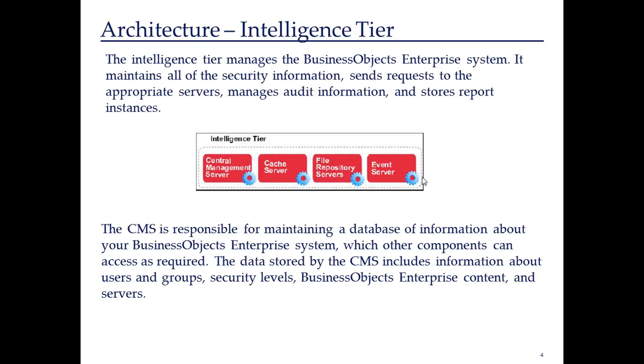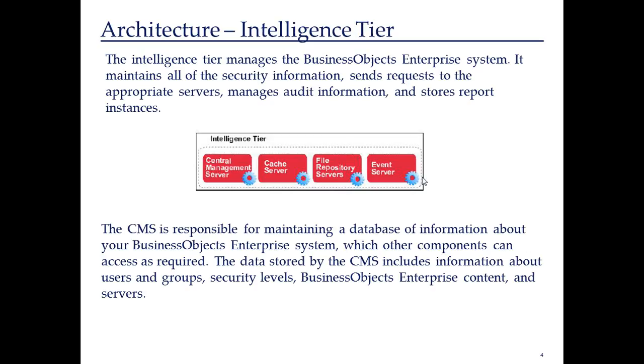And this central management server, based on the request, for example, you are running Crystal Report. So in order to run your Crystal Report, you need to send that request to the processing servers of Crystal Report related servers. If you are running Web Intelligence, you need to send that request to Web Intelligence processing servers. All that will be handled by central management server dynamically.